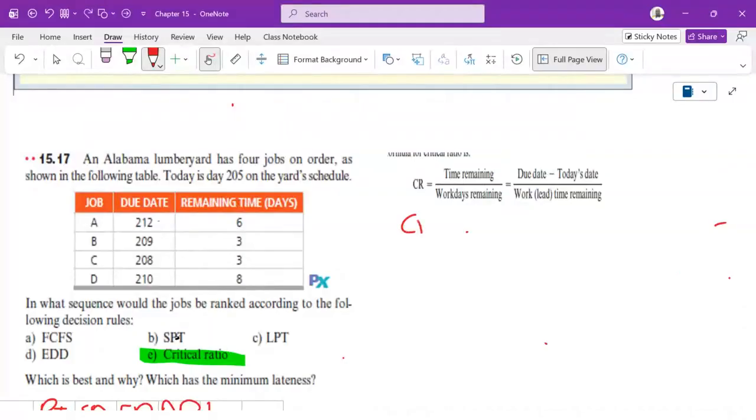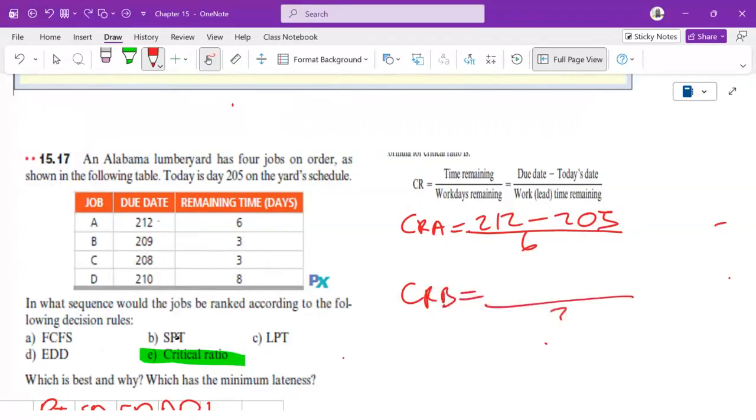CR A equals 6 over 212 minus 205. CR B is 3 over 209 minus 205.